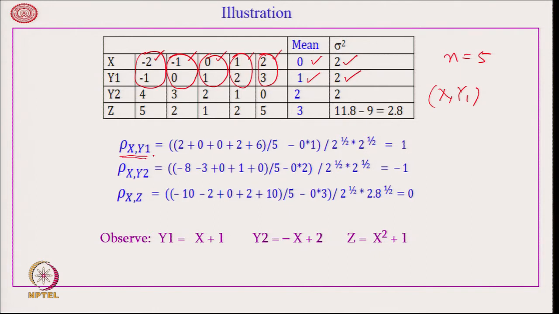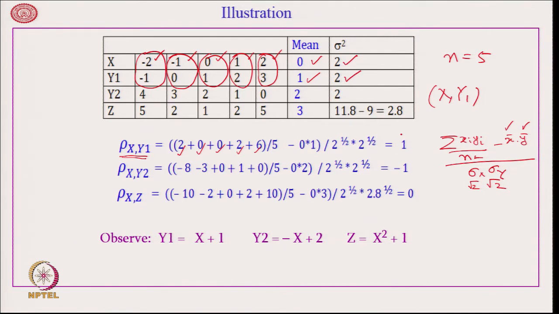Therefore, rho x y1 is sigma x i y i divided by n minus x bar times y bar, whole divided by sigma x sigma y, and therefore, it is coming out to be -2 into -1, which is 2, -1 into 0, which is 0, 0 multiplied by 1, which is 0, 1 multiplied by 2, which is 2, and 2 multiplied by 3, which is 6, that divided by 5 minus x bar is equal to 0, y bar is equal to 1, and their standard deviations are √2, √2.